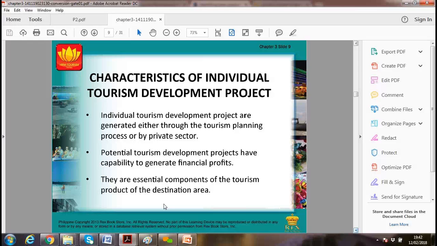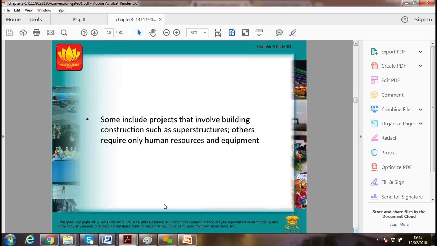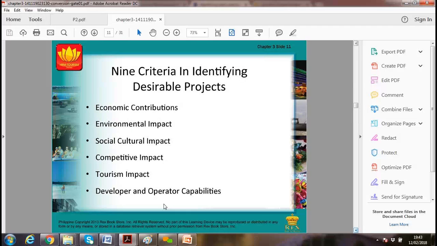We have a lot of potential tourism projects, especially in the UK in various locations. Some include projects involving building construction, superstructures, or other required human resources and equipment. Nine criteria apply when we identify the desired project, when we look at the partnership as well, whether public or private sector.